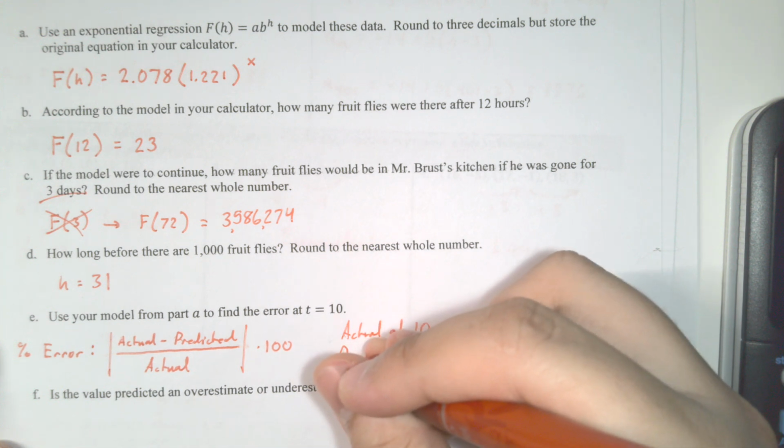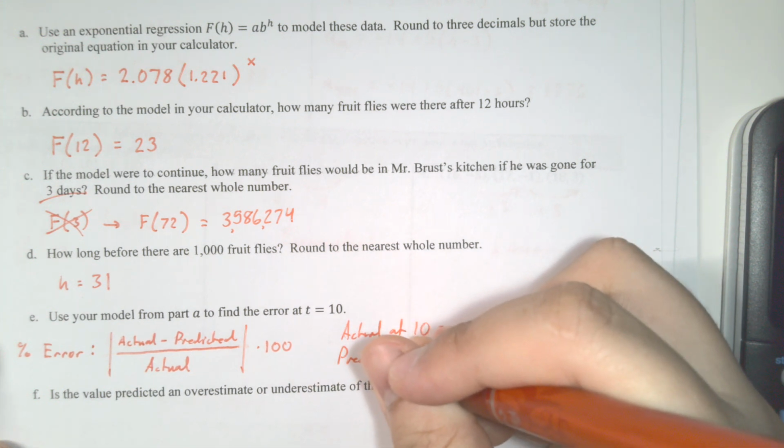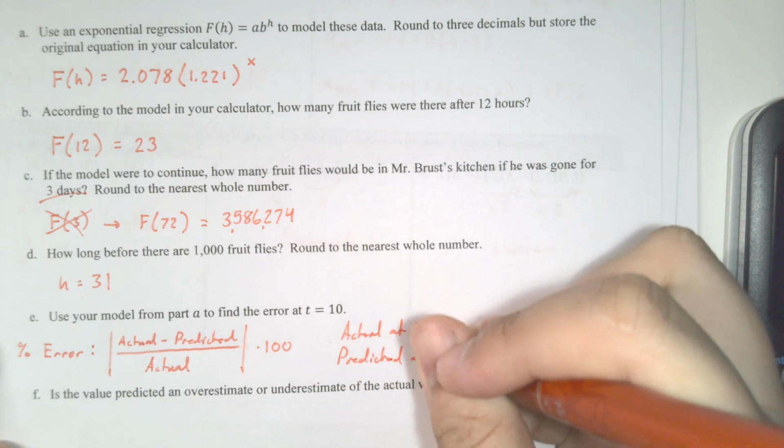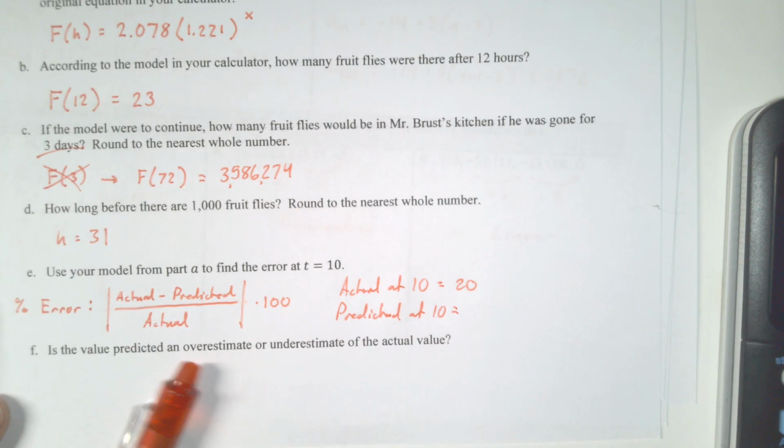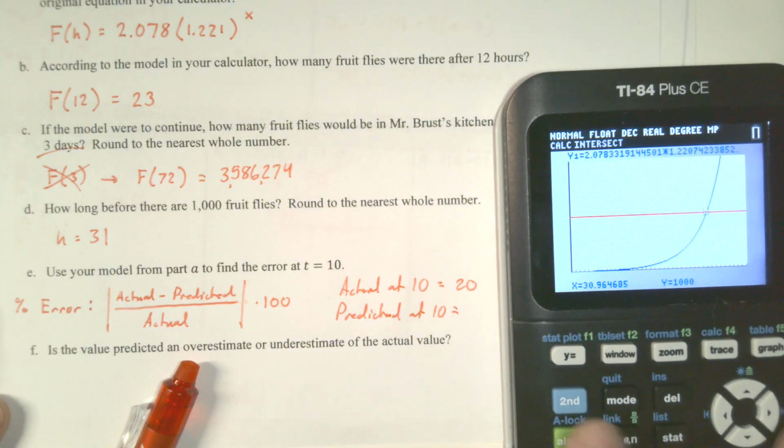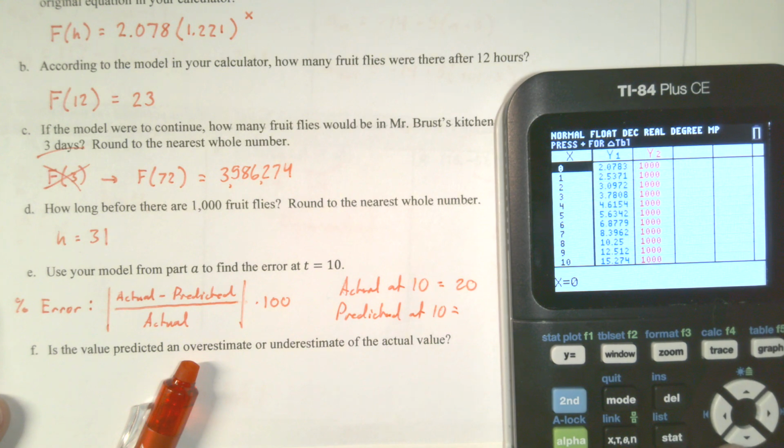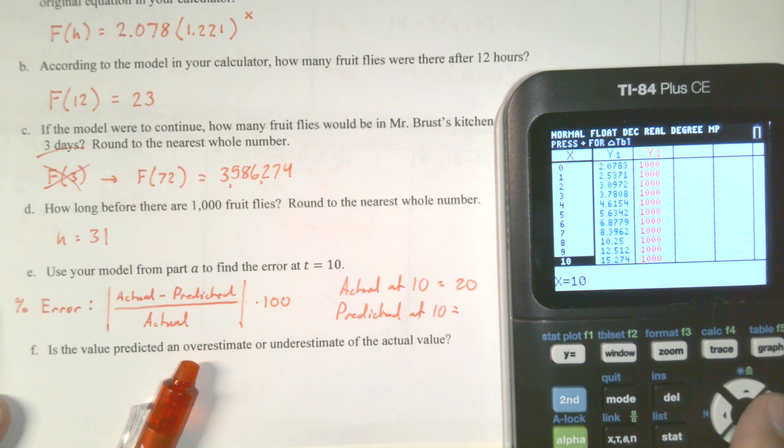And what is our predicted value at 10? Well, according to the model in our calculator, if we go to second graph, you see that at 10 we have about 15.274.